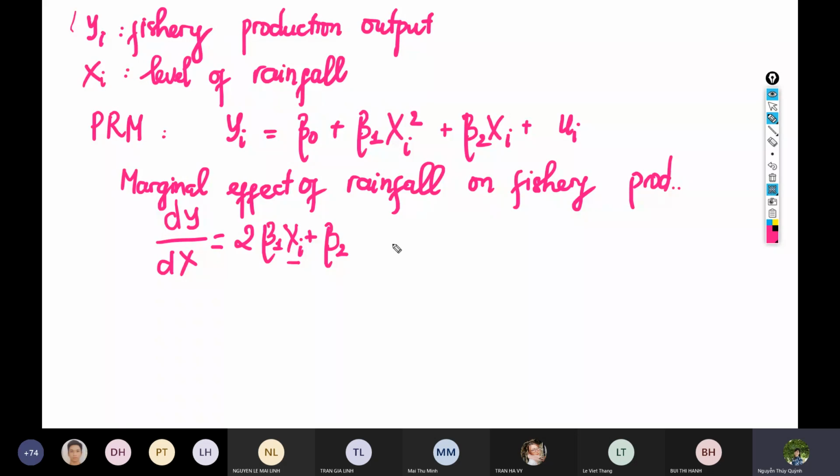That is why fishery production will decrease if the level of rainfall is too high.